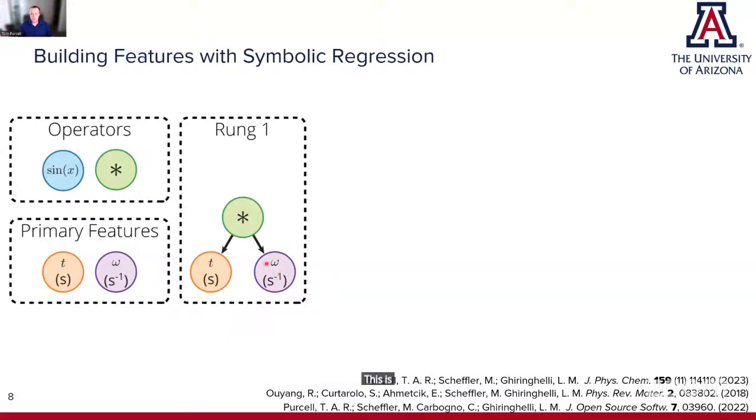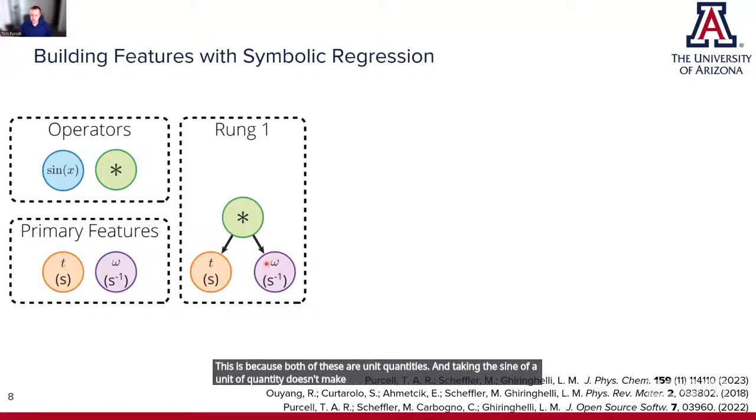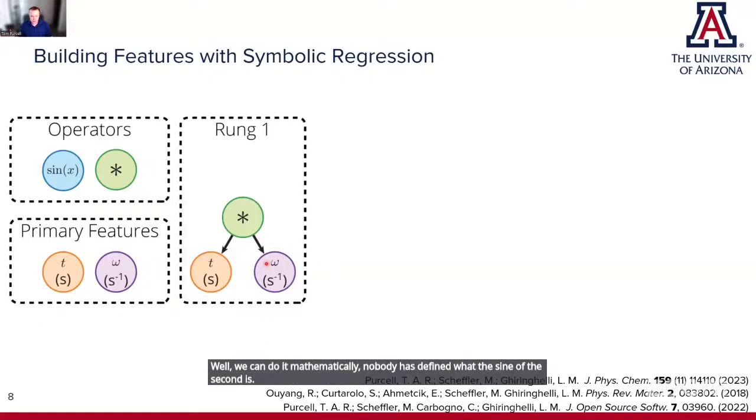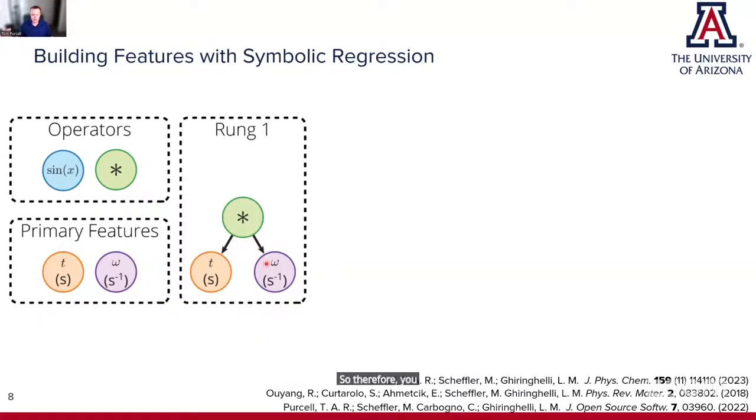This is because both of these are united quantities, and taking the sine of a united quantity doesn't make physical sense. Well, we can do it mathematically. Nobody has defined what the sine of a second is, so therefore you can't really do it in a physical mindset. However, once you multiply these two features together, the unit cancels out.